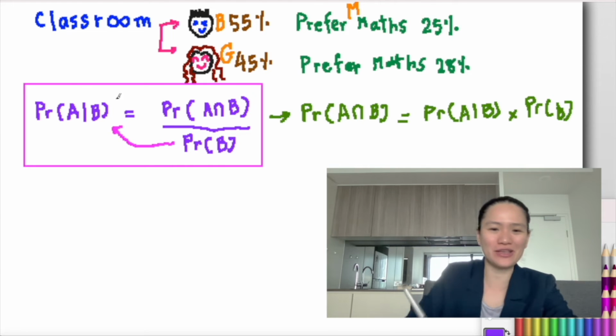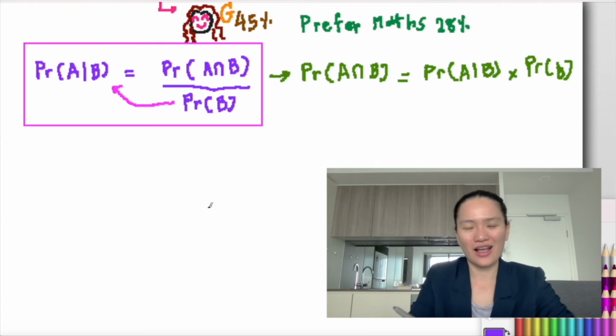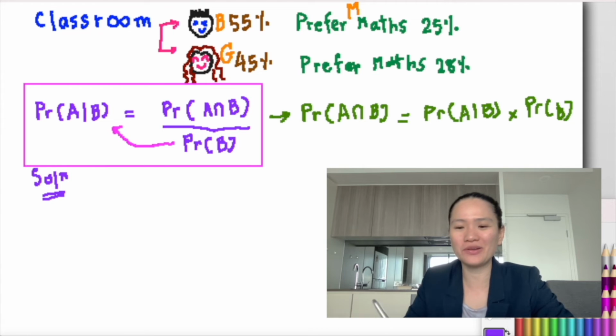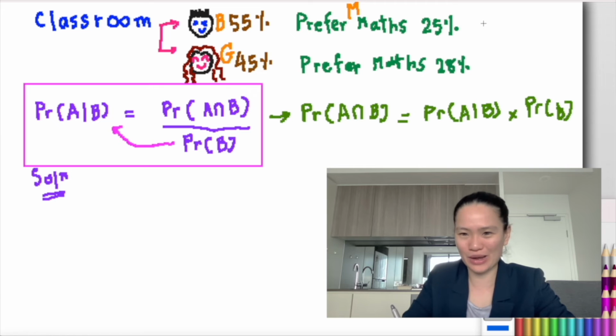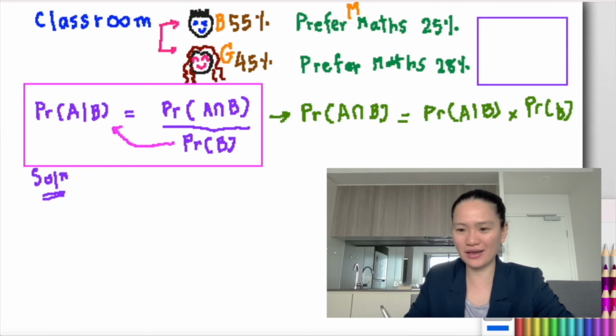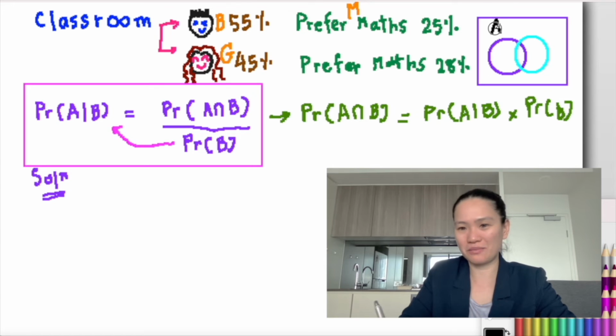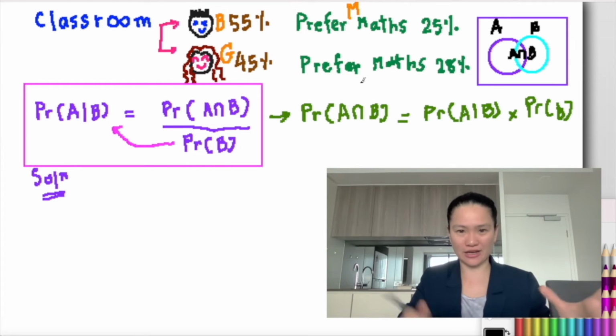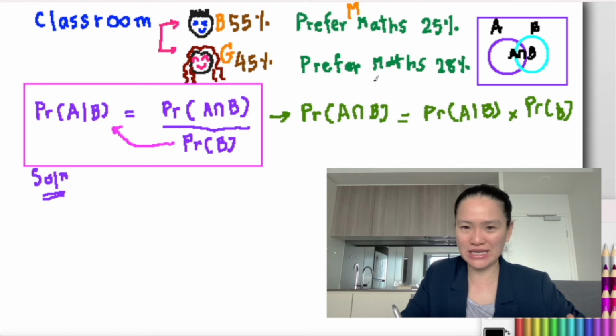All right, what we have from here? Let's find our solution here. If you can't remember Venn diagram, I'm going to draw it super quick here. If you have set A and set B, the intersect is the one in the middle, A intersect B. And one thing that you need to know, when the probabilities come together, the whole of probability equals 1.